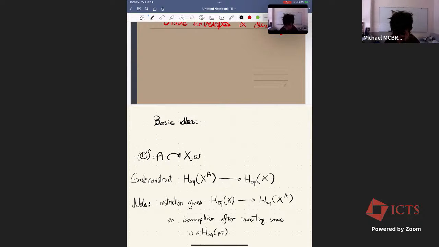And now we're trying to construct the map in the opposite direction, which is just going to be defined on the integral equivariant cohomology, so without localizing parameters. Okay, so it's not the inverse of the restriction map.